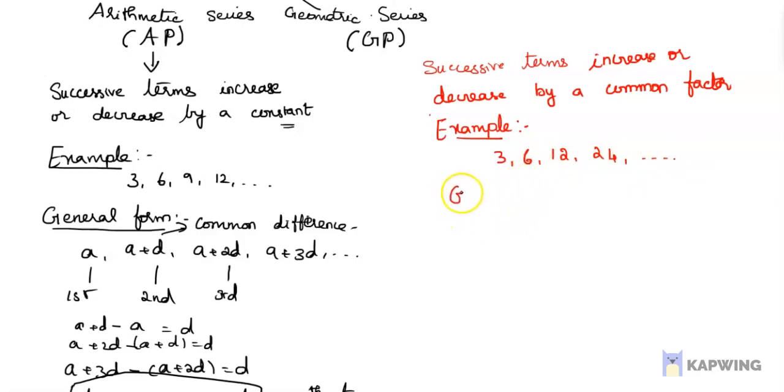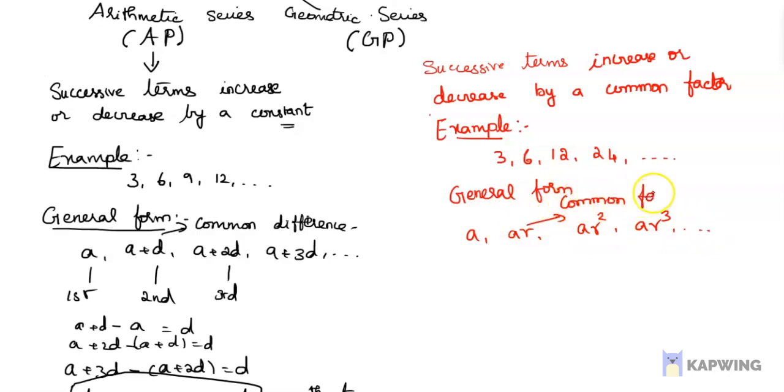And what is the general form of geometric series? a, ar, ar square, ar power 3, etc. Here r is called the common factor. a represents the first term and r is called the common factor.